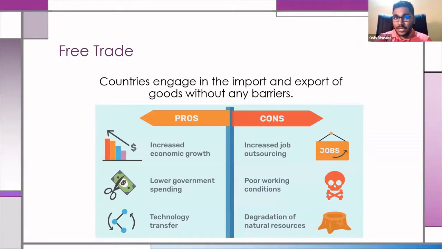Luckily, not much in Sri Lanka, but in Bangladesh, in the garment factory industries, you can find poor working conditions highly. Underage labor, lower salaries, or safety and regulations not being adhered to in the garment factories.